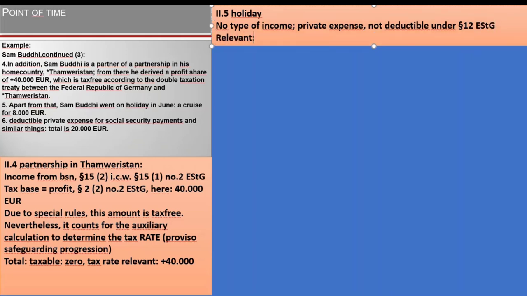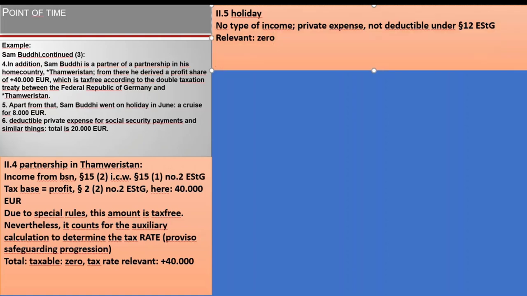So relevant 0. The only possibility how you could deduct private expense would be if it's explicitly allowed for deduction under the rules for private expense, for special expenses, or for extraordinary expenses.